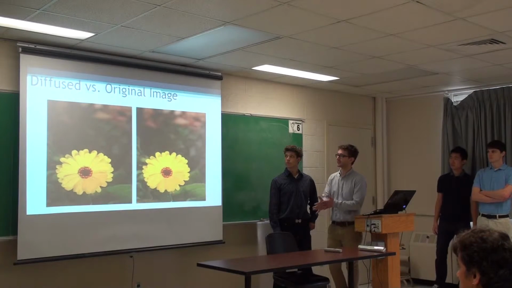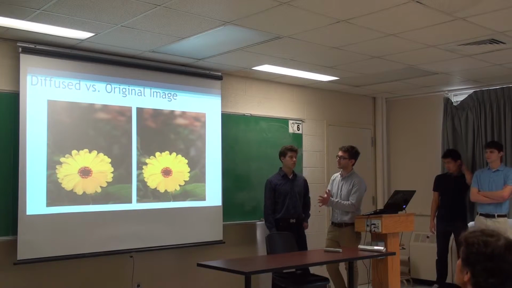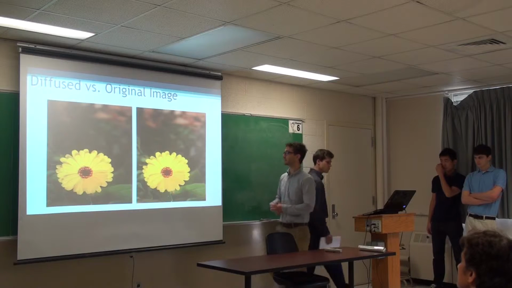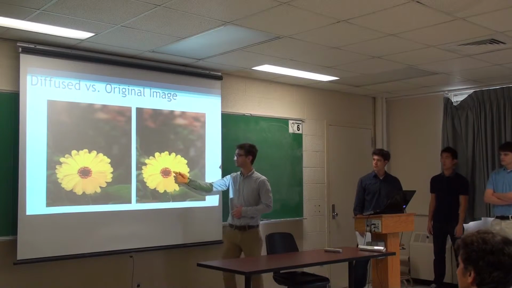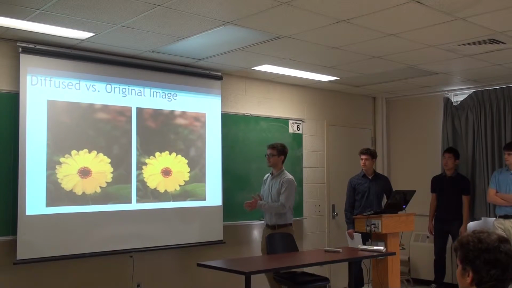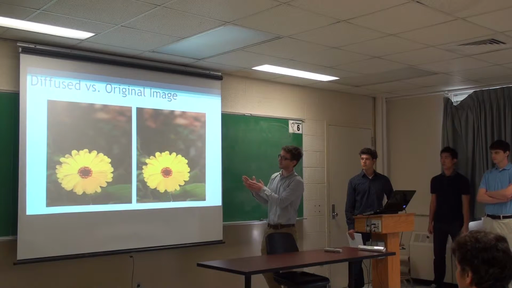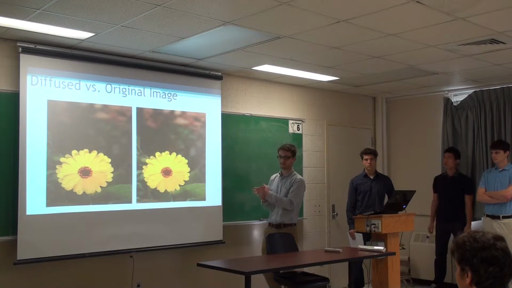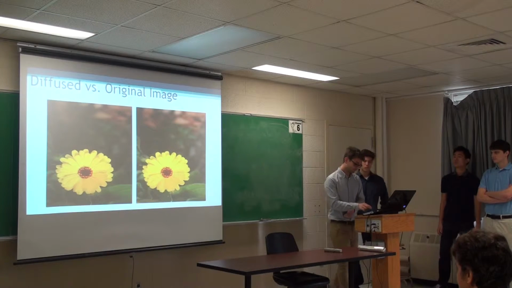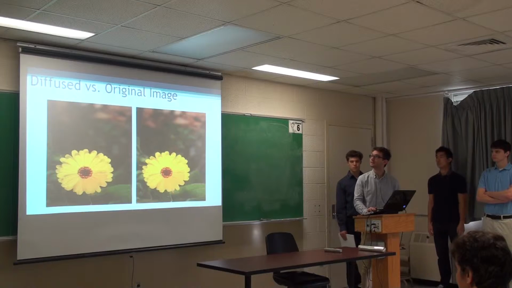If you take a look at these two images, one is diffused and one isn't. Here we have a little bit of light, and it makes the features of the flower harder to see. The diffused one is on the left side, and you can see the features a little bit better, it's a little more clear image, and it takes some of that light noise away.